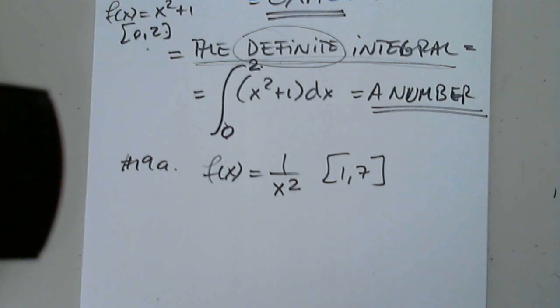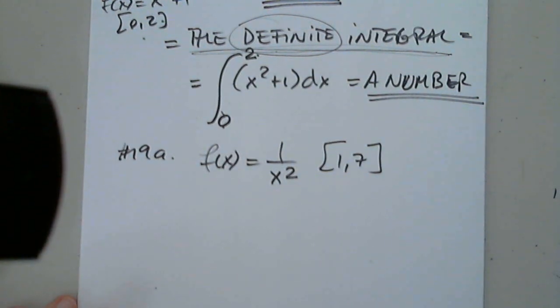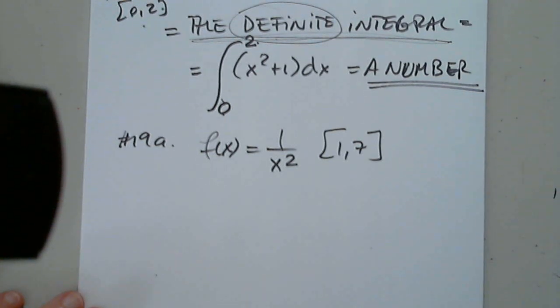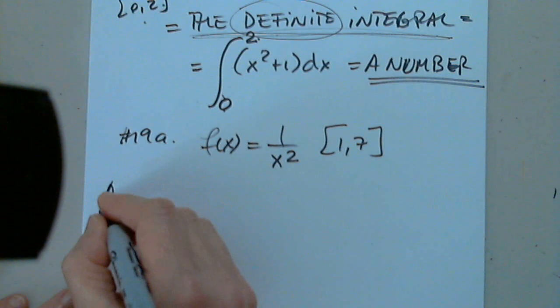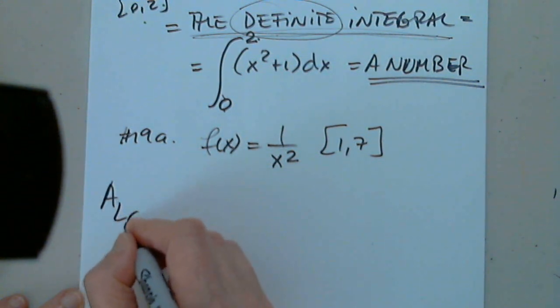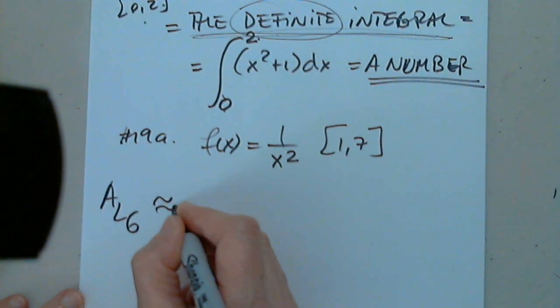It's the leftmost point. Awesome. And they want 1, 2, 3, 4, 5, 6 subintervals. So the area with the leftmost point with 6 is approximately.